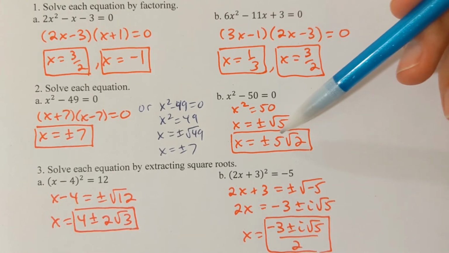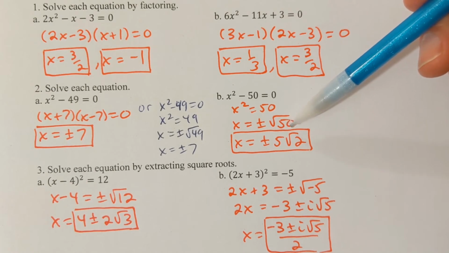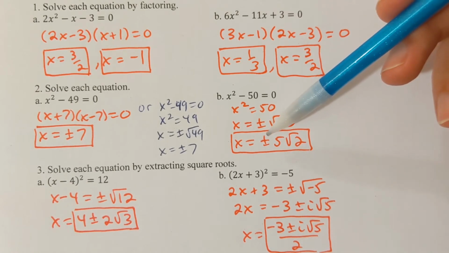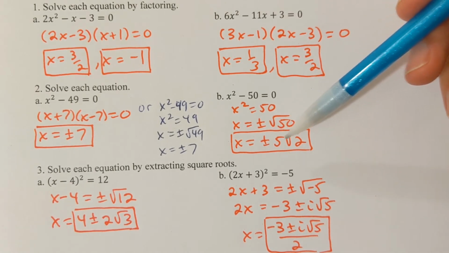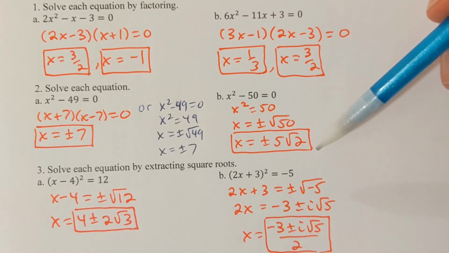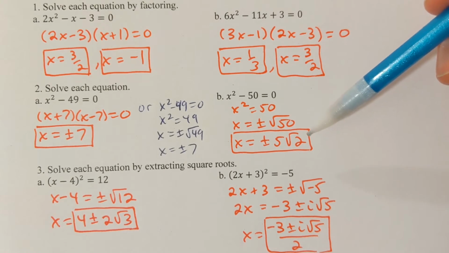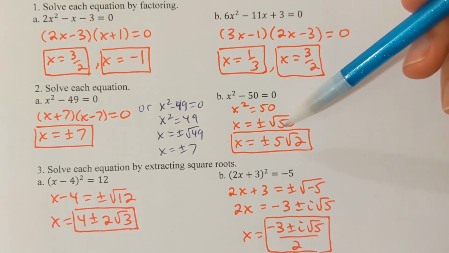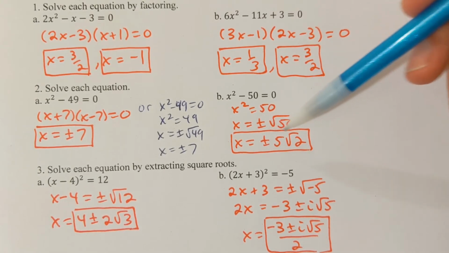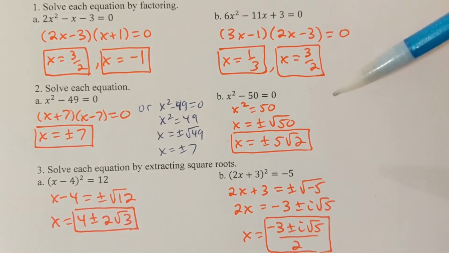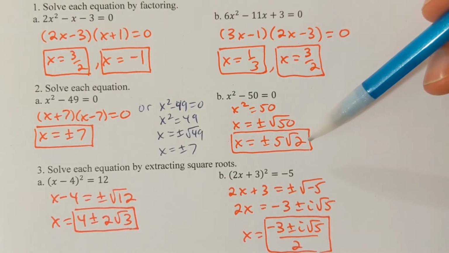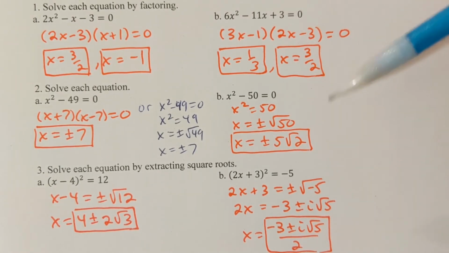So 5 root 2 would be the simplified form of root 50. And so my two answers are 5 root 2 and then negative 5 root 2. Okay, and I've got a plus minus condensed form going on here. That's actually kind of a preferred way to give our answer, as rather than writing the two numbers out individually, which you could do, it's less writing to just write the plus minus.